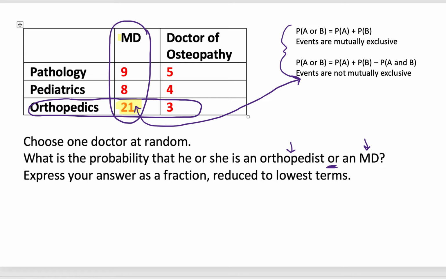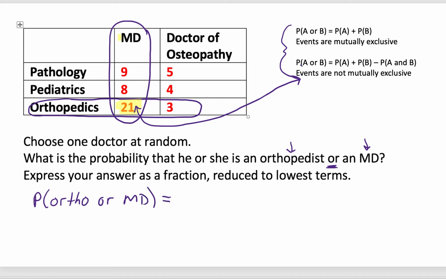Okay, so what I'm going to do first is take that second formula, and instead of the A's and the B's, I'm going to write it out with the two events that we have, which is orthopedist and MD. So instead of A or B, I'm going to put orthopedist or MD.